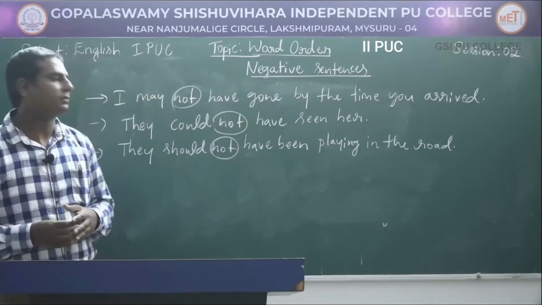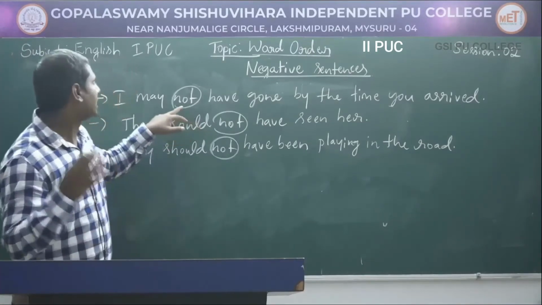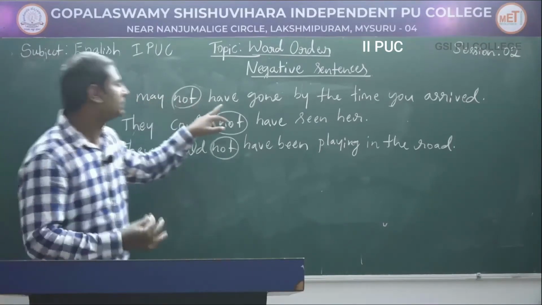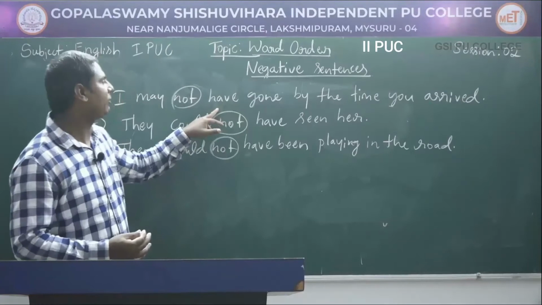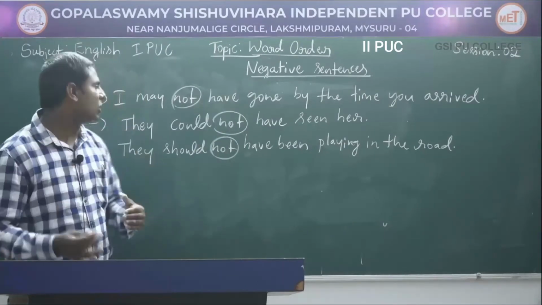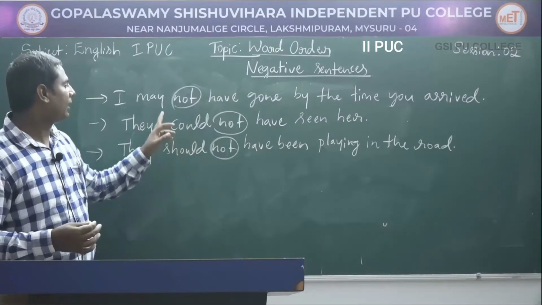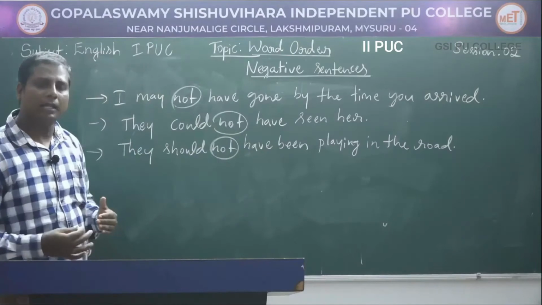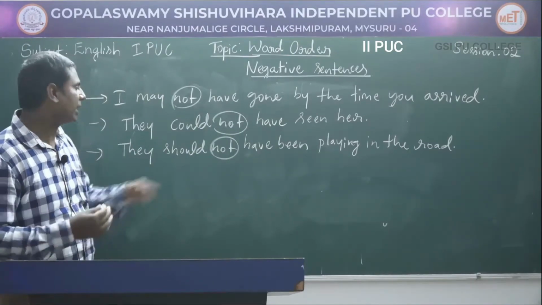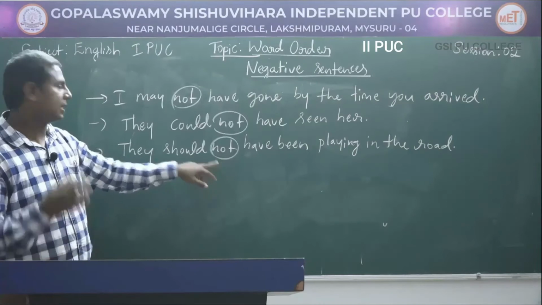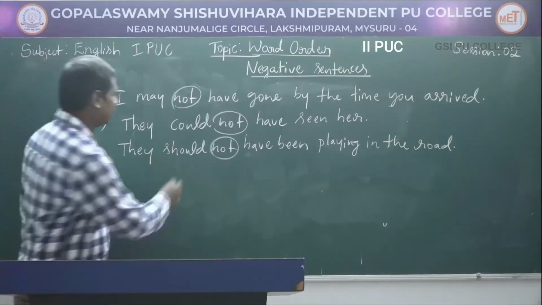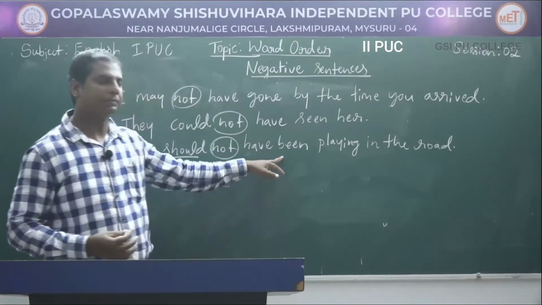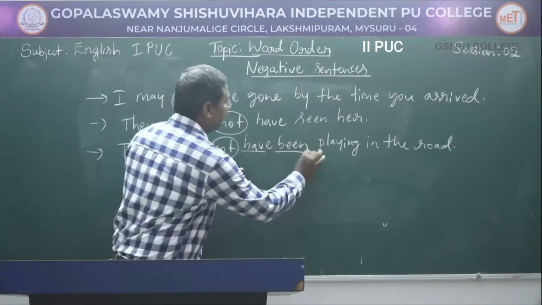Here in the first sentence, the word not is placed between a modal auxiliary verb, that is may, and primary auxiliary verb have, and in the second sentence the word not is placed again between the modal auxiliary verb and primary auxiliary verb, and in the third sentence also you can see the word not is placed between a modal auxiliary verb, that is should, and two auxiliary verbs here, have and been.